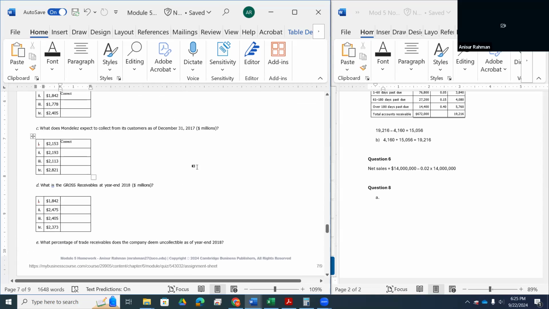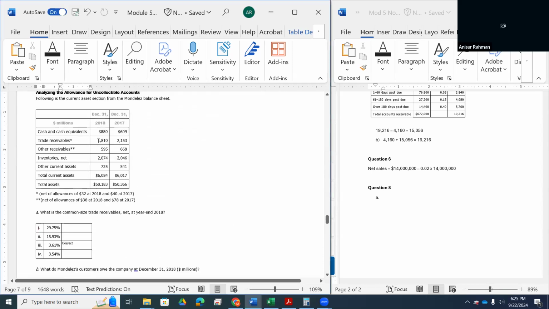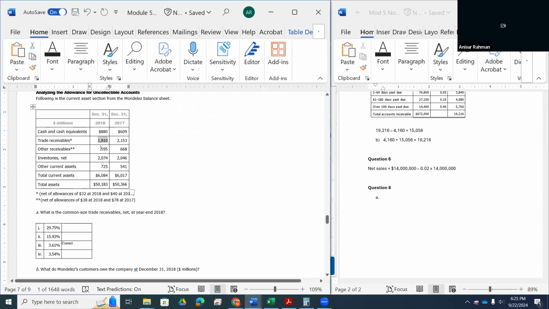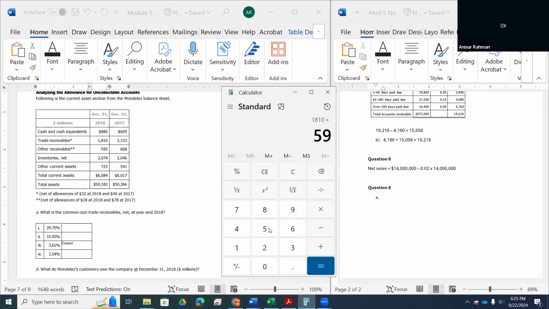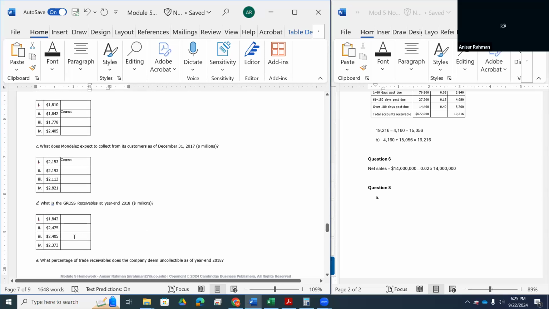So what we have to do, we have to add the receivables. So 1810 plus 595. So 2405.